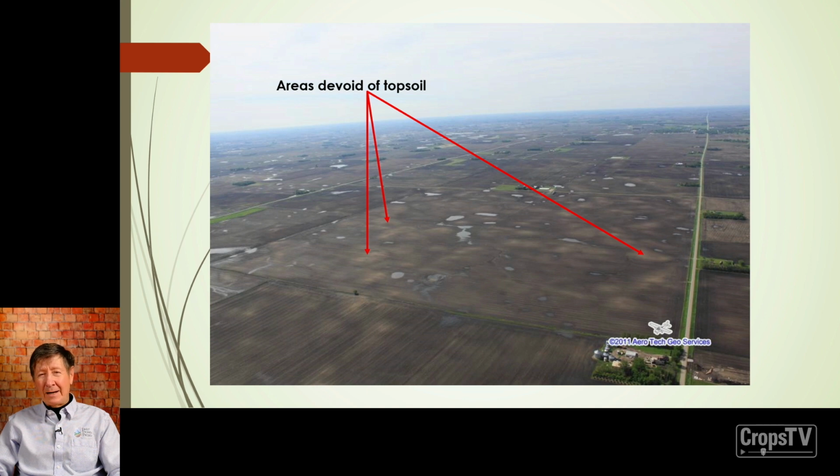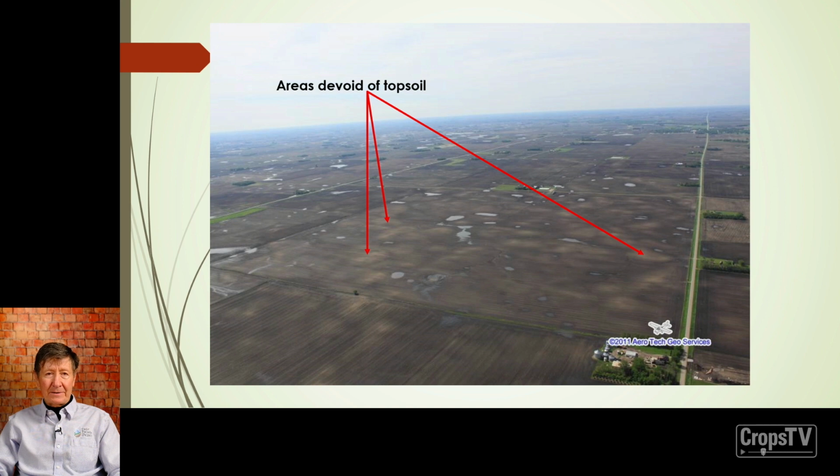Nah, this can't be in Iowa. We can't have that amount of area devoid of topsoil. This aerial shot was taken in north central Iowa in the Des Moines lobe. Now, the Des Moines lobe is notorious for having low soil erosion potential. Obviously, it's rained here recently. We see the ponded areas. But I'm more interested in those light-colored areas on the landscape.